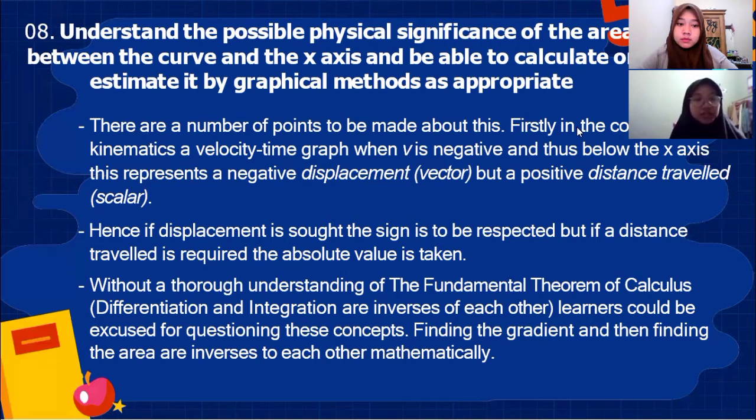Also, a thorough understanding of the fundamental theorem of calculus: differentiation and integration are inverses of each other. So finding the gradient and then finding the area are inverse to each other mathematically.